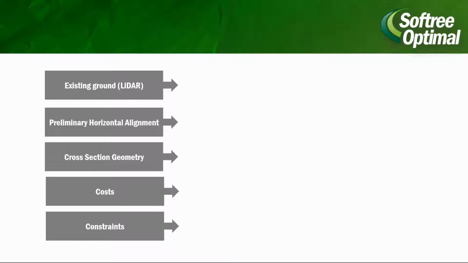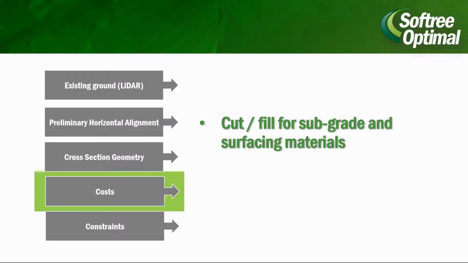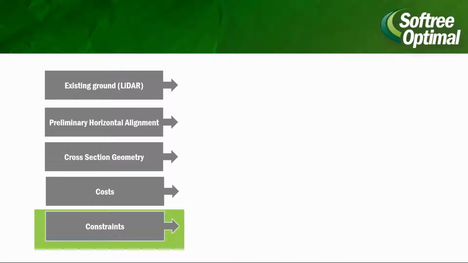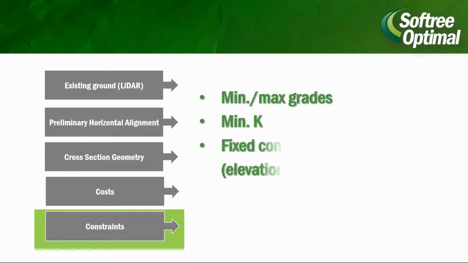Get your cross-section geometry, and you input your costs such as cut and fill costs, movement and loading costs, additional costs such as culverts, pit opening costs, clearing and grubbing costs. Then you put in your constraints: minimum and maximum grade constraints, minimum K value, and fixed control points.